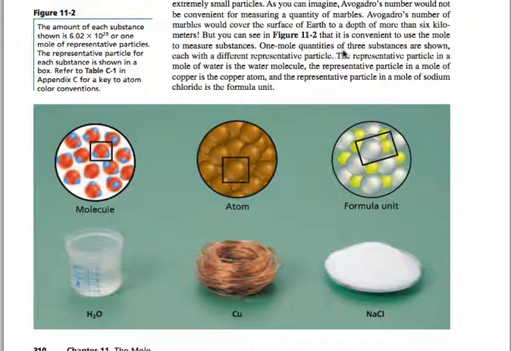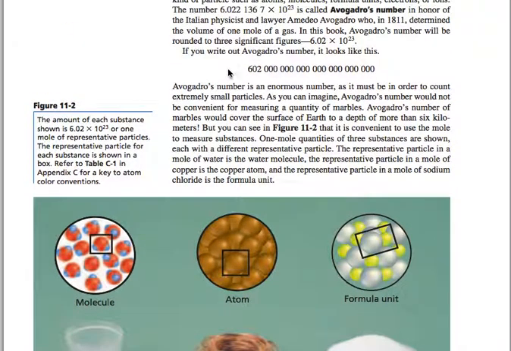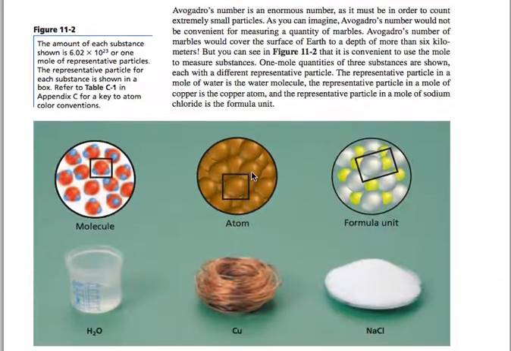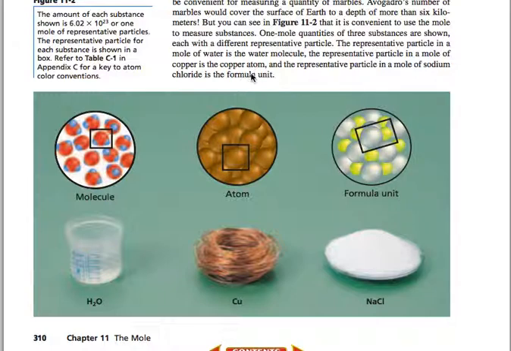One mole quantities of 3 substances are shown, each with a different representative particle. The representative particle in a mole of water is the water molecule. So 1 mole would be this many water molecules. The representative particle in a mole of copper is a copper atom.